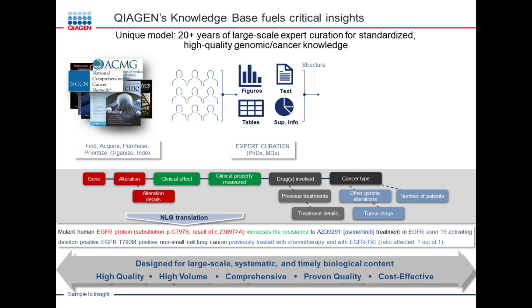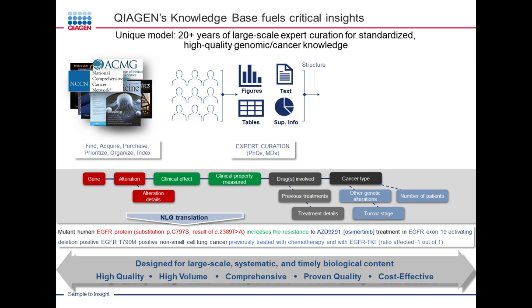And then we use natural language processing to put the pieces of information from the knowledge base together into a sentence which returns the essence of an experiment. And examples are, for example, functional studies or clinical trial results from a paper.